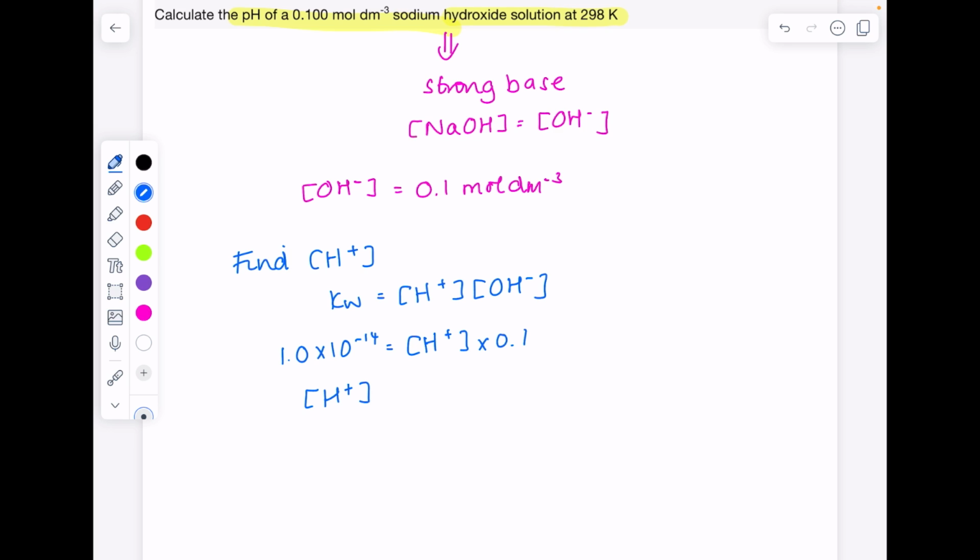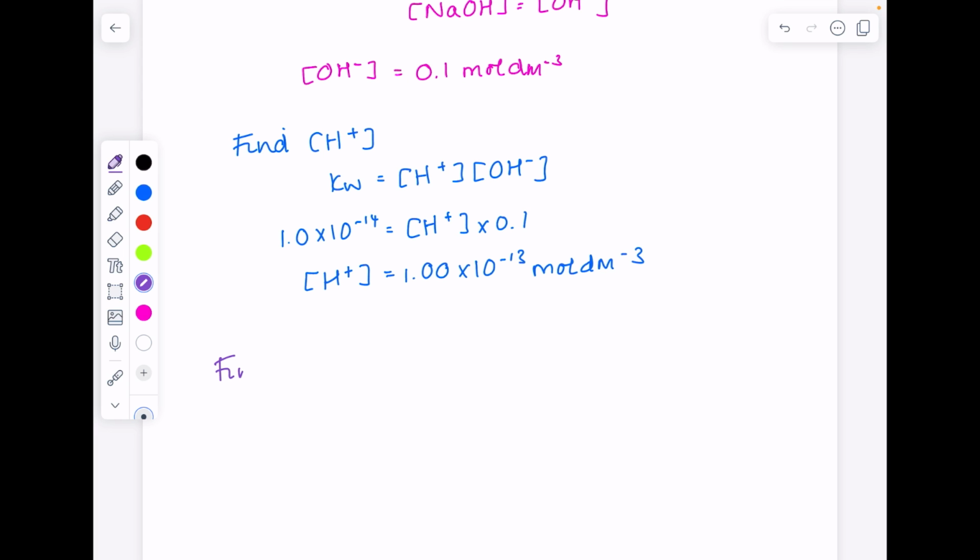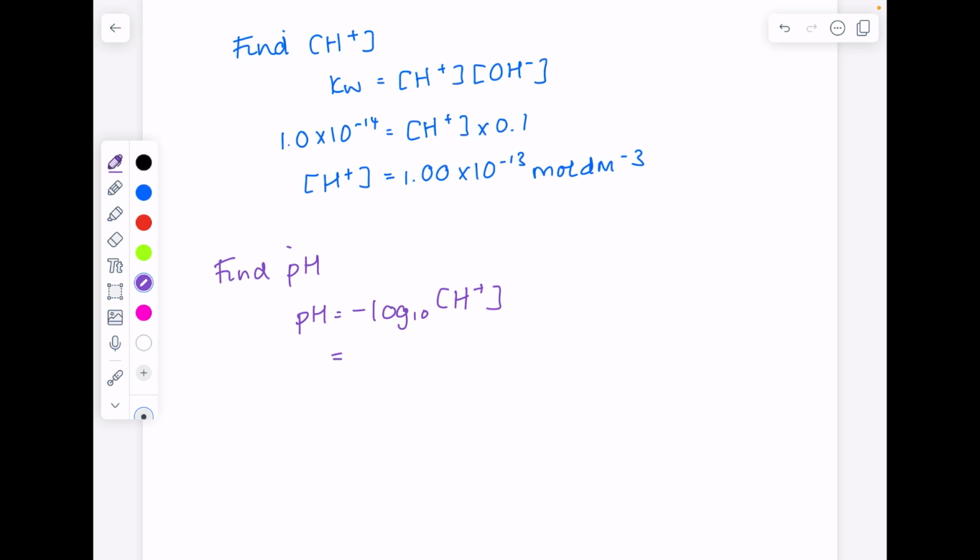So solve for the concentration of H+ ions by dividing both sides by 0.1 to get a concentration of 1.0 times 10 to the minus 13. And now to find the pH. So our pH here is 13.00.